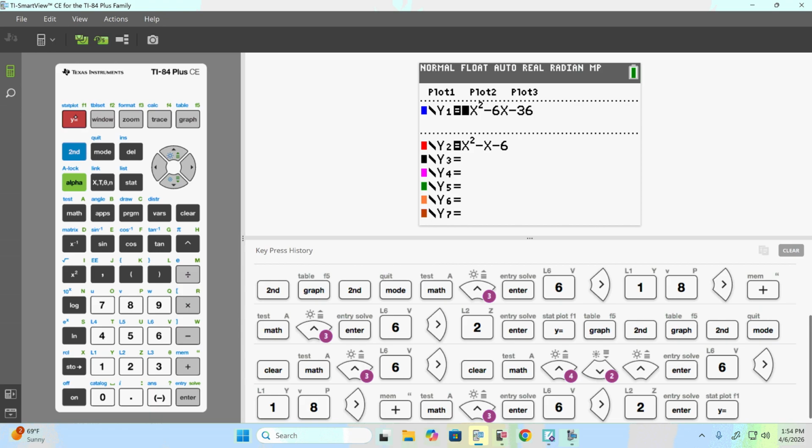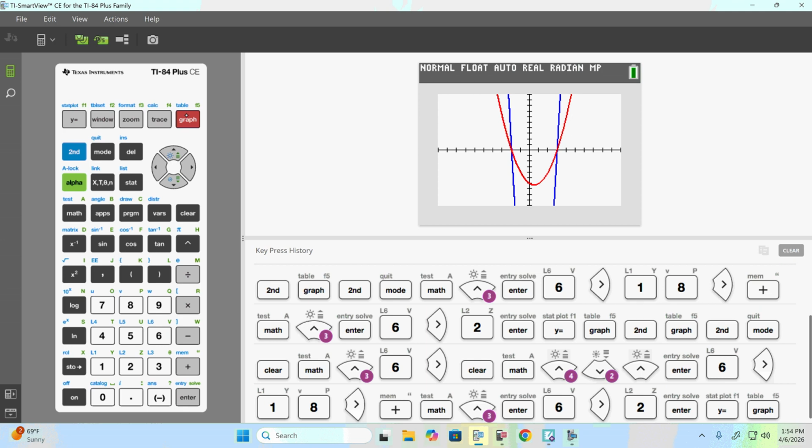Now, graphically, I already have this typed in from earlier today: 6x squared minus 6x minus 36, and x squared minus x minus 6 are the 2 equations we have, yes? Almost the entire graphs are going to be completely different, except for 2 points. And those 2 points are where it crosses the x-axis.